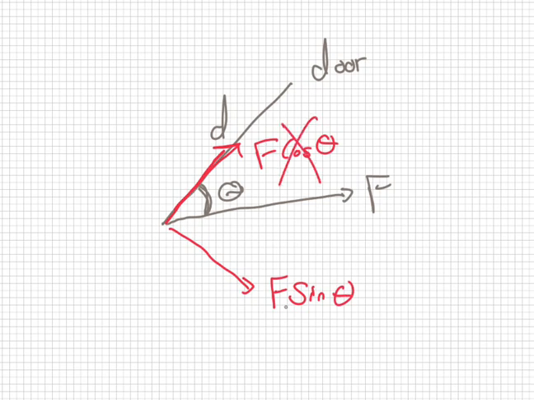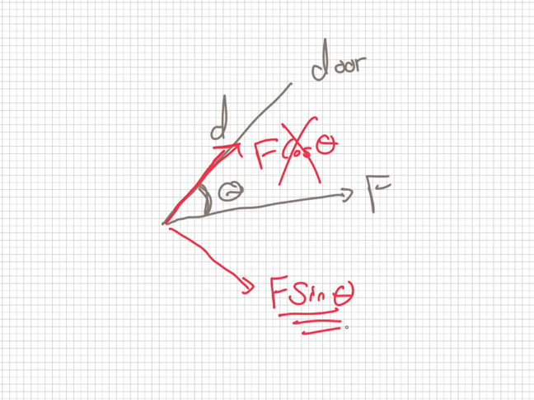Now we don't care about that. Why do I not care about that one? Why do I only care about this one? Well, it's not important because if I'm turning the door, any force that goes towards the hinge doesn't make the door turn.